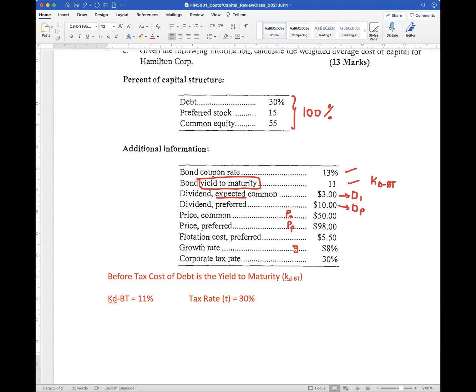We can now calculate the after-tax cost of debt: cost of debt after tax is equal to the cost of debt before tax multiplied by 1 minus the tax rate.